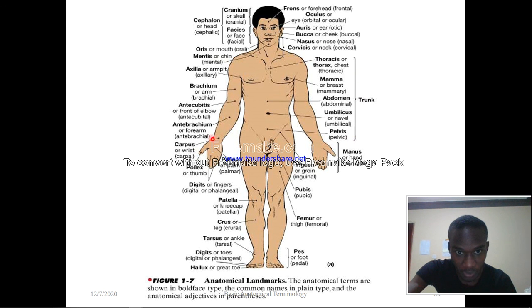The trunk is composed of the thorax, abdomen, and the pelvis. Then the head and neck region, then the extremities, the lower ones which are the legs, and the upper ones which are the arms.